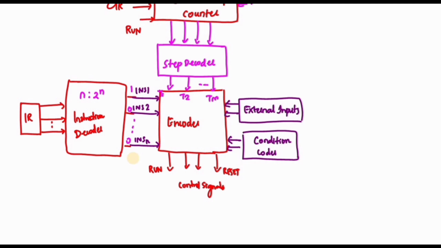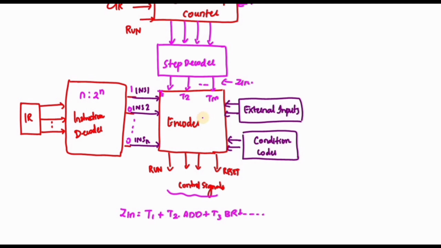The input signals to the encoder are combined to generate an individual control signal, which is nothing but add, likewise branch, registers, etc. So I can write how the control signal gets generated. So I can write Tin is equal to T1.